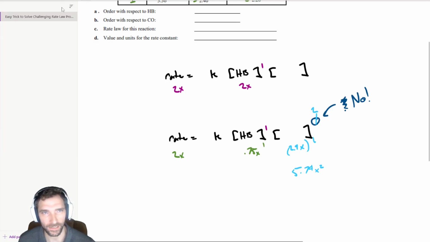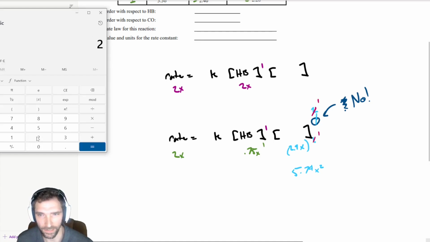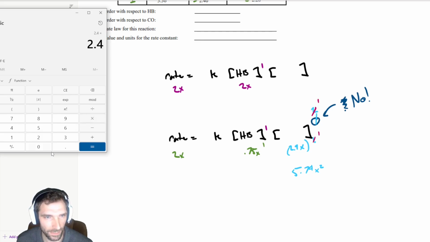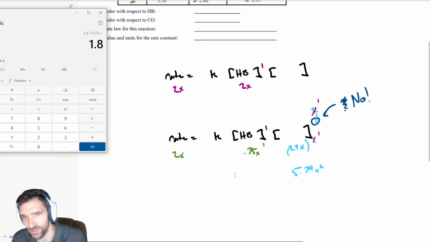So we can then ask, well, what if we do that first power? It looks like that 2.4 up to the first power times that 0.75 comes to about 2-ish.